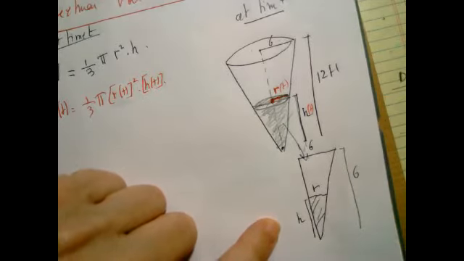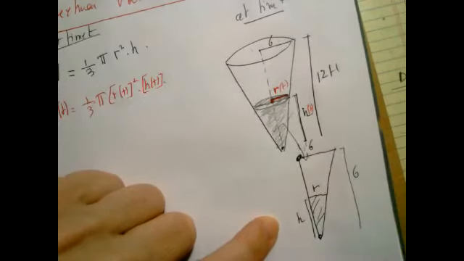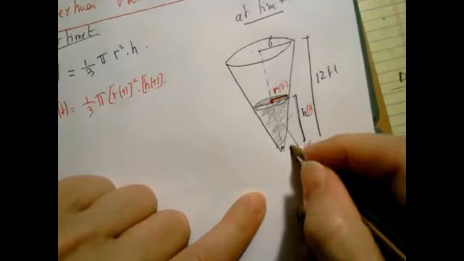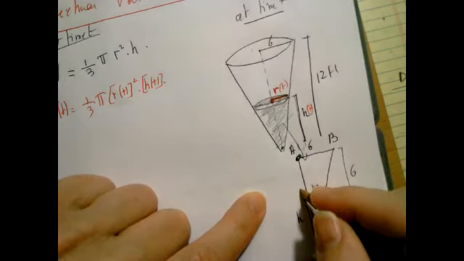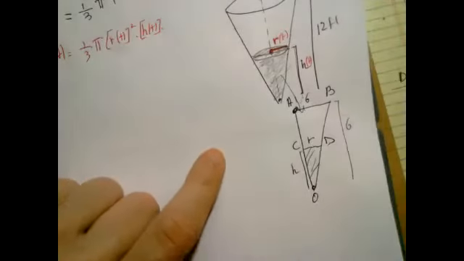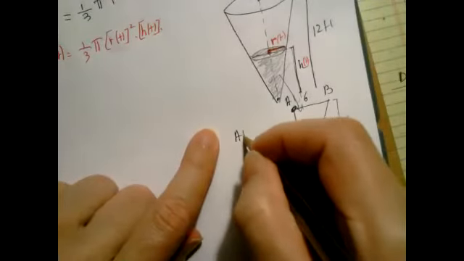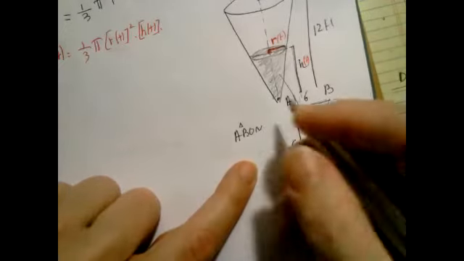What does similar triangles tell me? This is my point here, and this is my point here. So we can give those names A, B, O, C, D. And then I'm going to set up a similarity. So I'm going to say that the triangle ABO is similar to the triangle CDO.